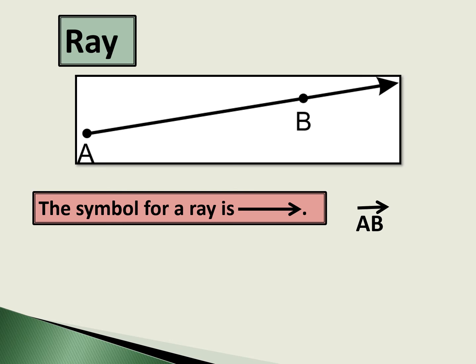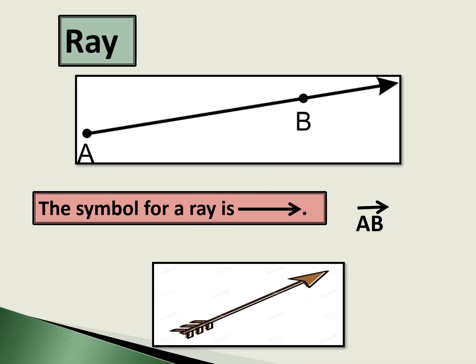The symbol for a ray is a straight line with an arrow head at one end. Ray AB is written as AB with the symbol of the ray on the top. An arrow that is shot from a bow can be compared to a ray. It has a definite endpoint and it goes continuously in one direction.